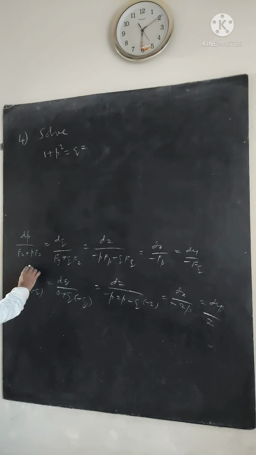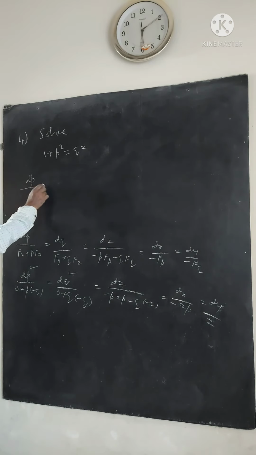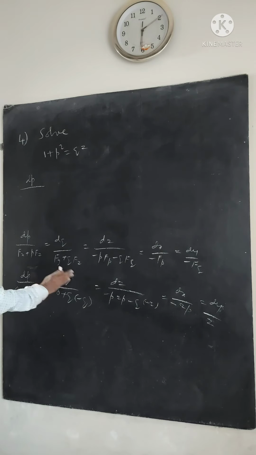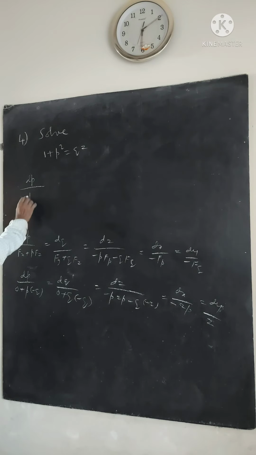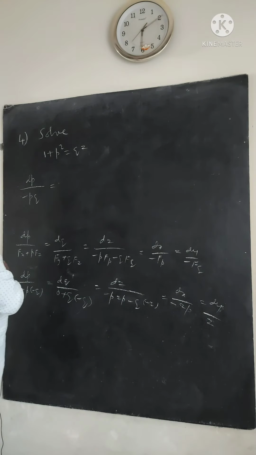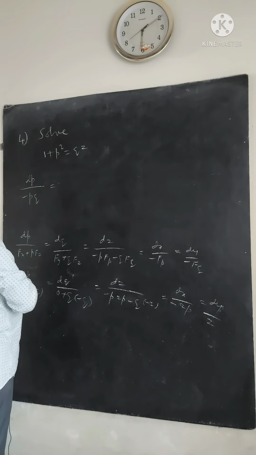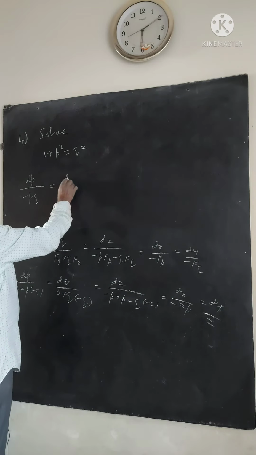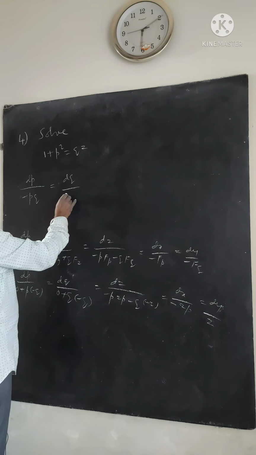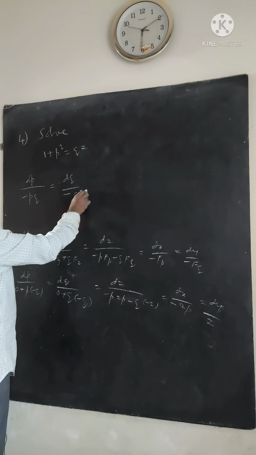Let us take these two equations: dp by minus pq, dq by minus q square.